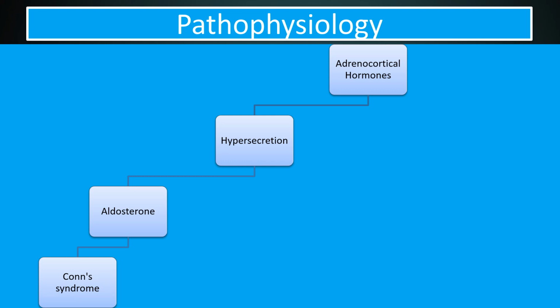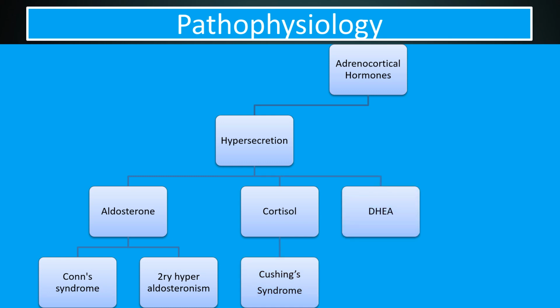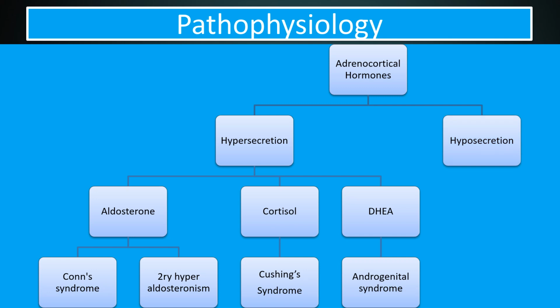In contrast, in secondary hyperaldosteronism, there is a problem elsewhere in the body that causes the adrenal gland to release too much aldosterone. Hypersecretion of cortisol produces Cushing syndrome, while hypersecretion of androgen hormones produces adrenogenital syndrome.